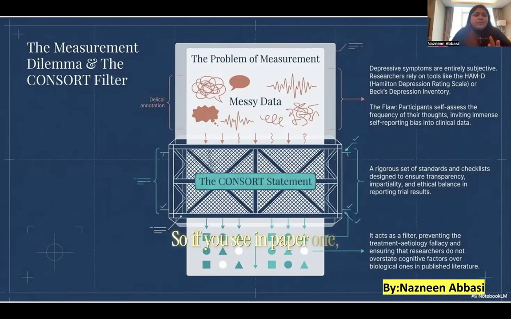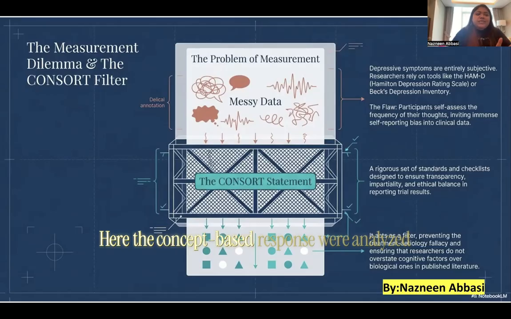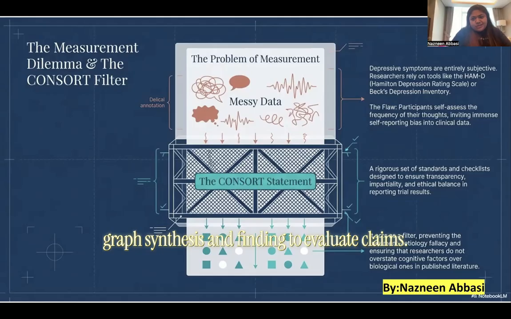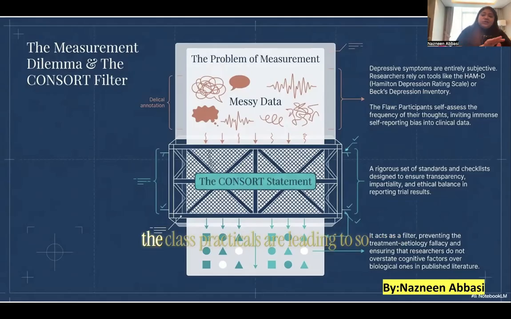In paper 1, we cover core concepts like learning and cognition, health, brain development, and so on. Here, concept-based responses are analyzed through ideas linked with biases and causality, and paper 3 focuses on practical skills of data analysis using a research booklet with multiple sources, requiring your interpretation, graph synthesis, and findings to evaluate claims. So if you see, the class practicals are leading to so many things.